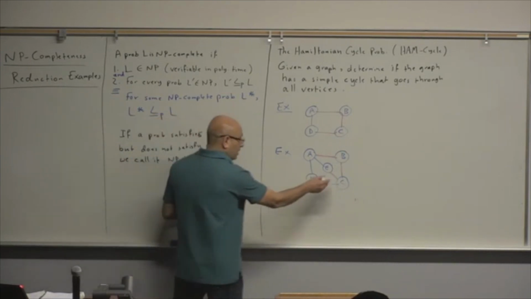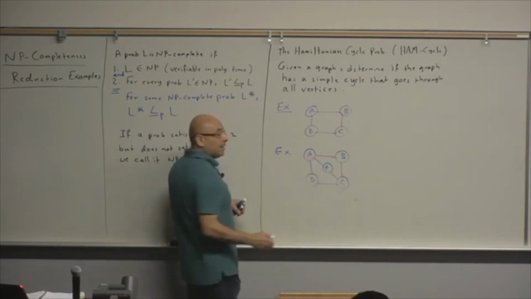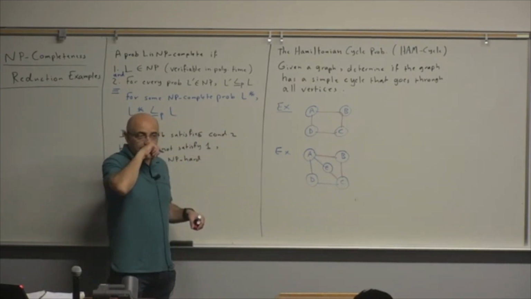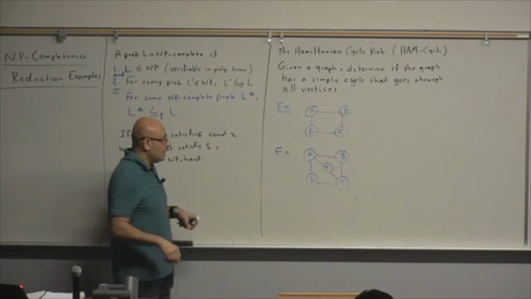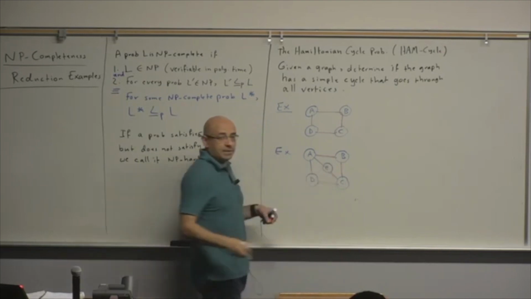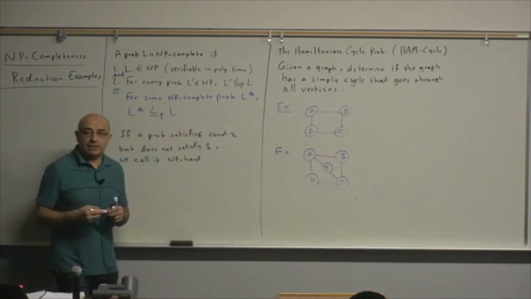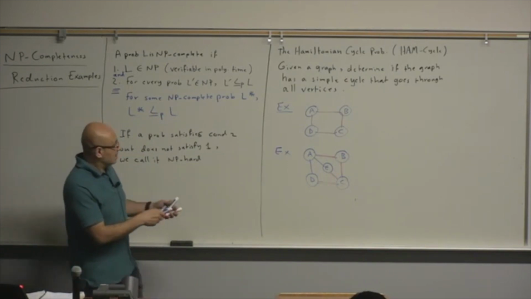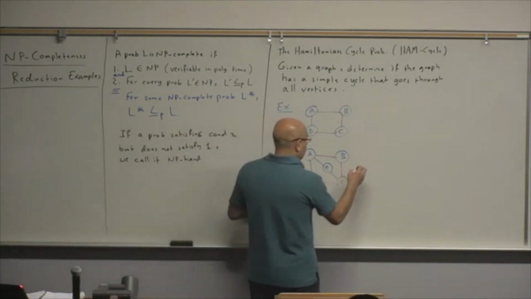So in order to get to D, we either go back or we go to A again. So in either case, we'll have to go through the same vertex more than once. And if we go this way, we'll skip E. So there is no simple cycle that can go through all vertices. So this graph is not Hamiltonian.